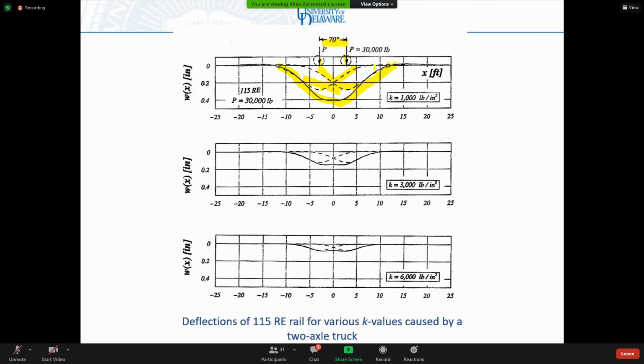Now, how do I combine them? I combine them using a technique called linear superposition. Linear superposition means I basically add the deflections at both points. So I have 2 deflection curves, curve 1 and curve 2, corresponding to 2 wheels.